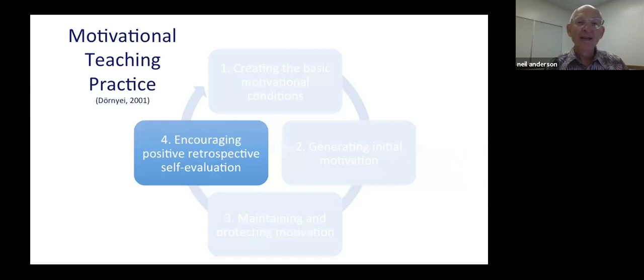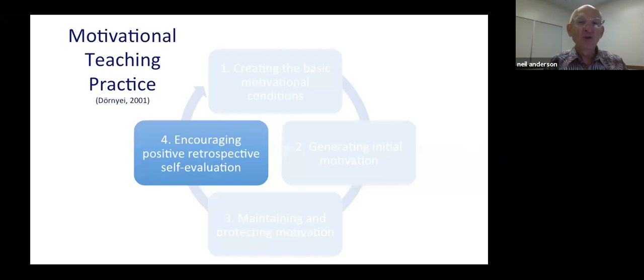I also really like the fact that Dörnyei emphasizes looking back in a positive way. Sometimes students get negative about experiences that they have while they're learning a language. And I want them to make sure that they're using their evaluation in positive ways to accomplish their goals.